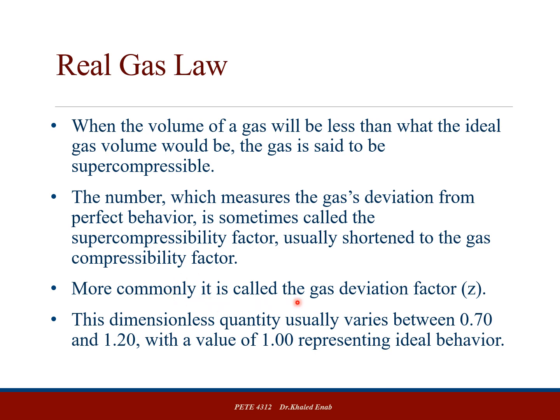More commonly, it's called the gas deviation factor, and it's known as Z. This dimensionless quantity usually varies between 0.7 and 1.2, with a value of 1 representing ideal behavior. When Z equals 1, that means the gas behaves ideally.